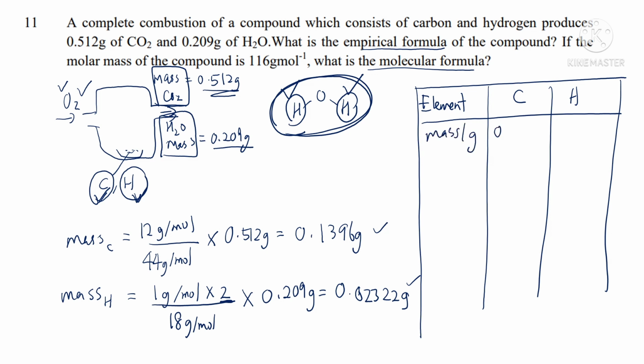For carbon, the mass is 0.1396 gram, and the mass of hydrogen is 0.02322 gram. Then we can calculate the number of moles for each element: mass divided by molar mass. For carbon, 12 gram per mole.